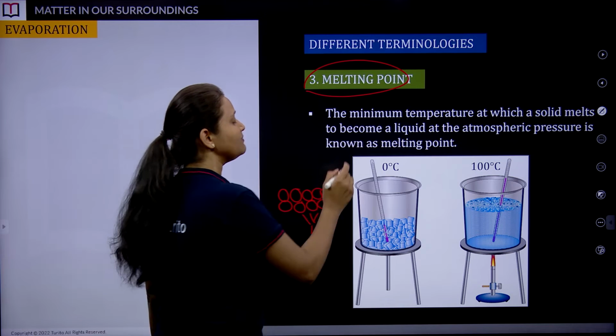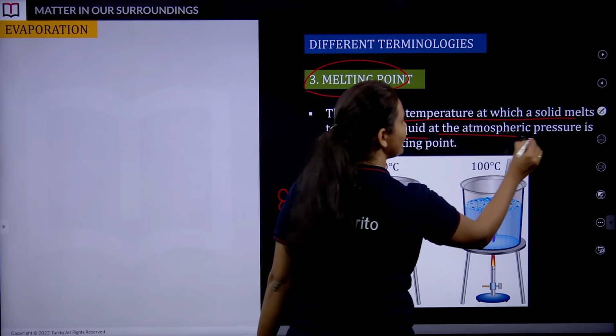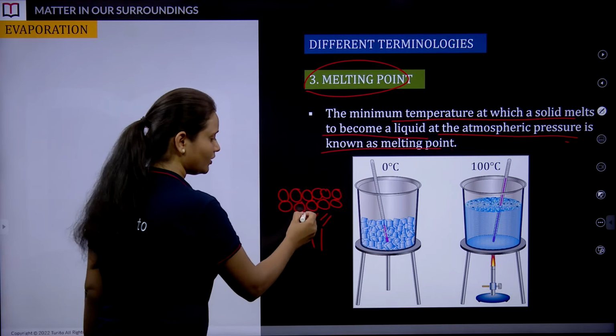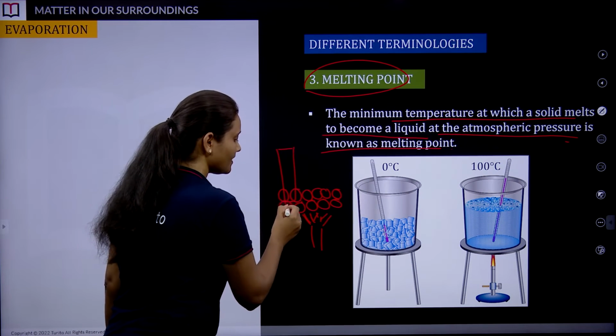So the minimum temperature at which a solid melts to become liquid at atmospheric pressure is known as the melting point.